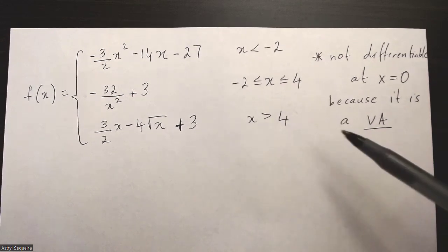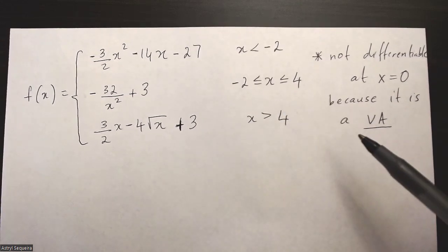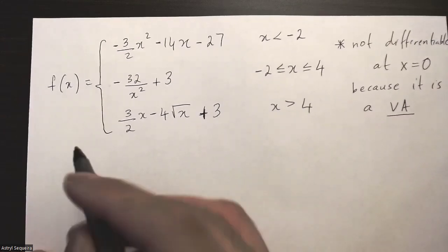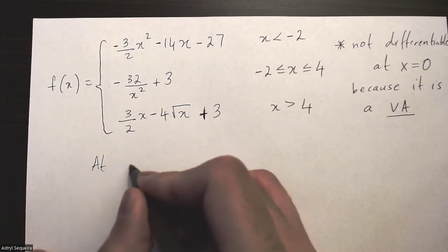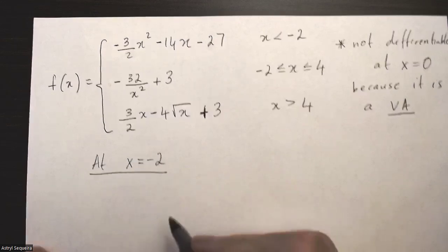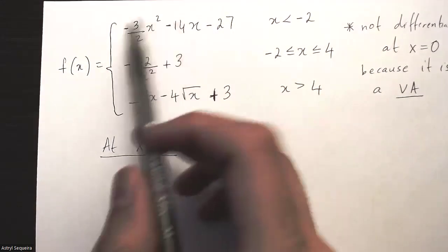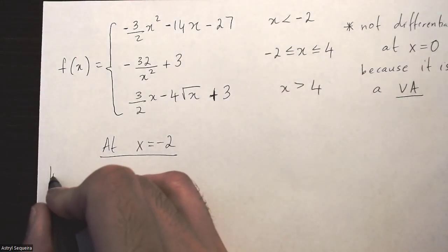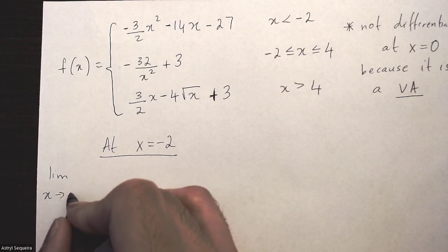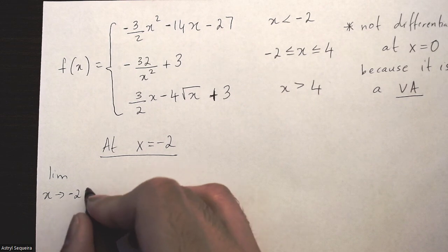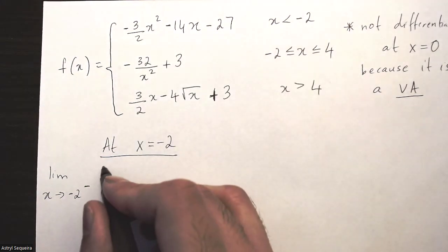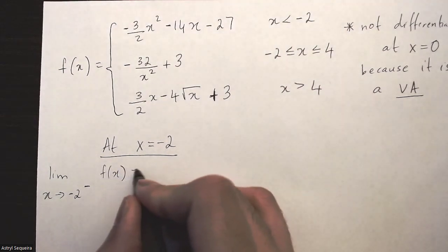So we need to analyze whether these functions are continuous first before we can even analyze whether they are differentiable. So let's start at x equals -2. I'm going to start with the first function. So that's the limit as x approaches -2 from the negative side, because that's the first function, x less than -2.